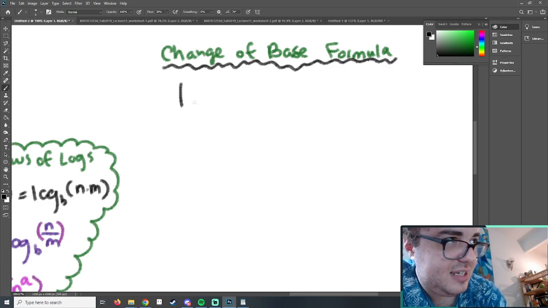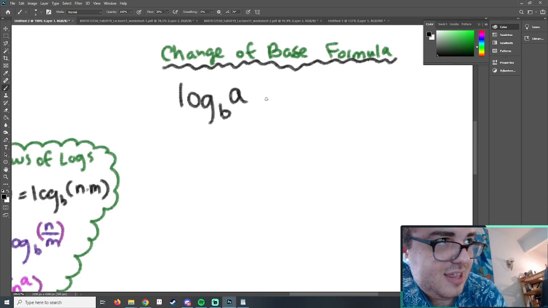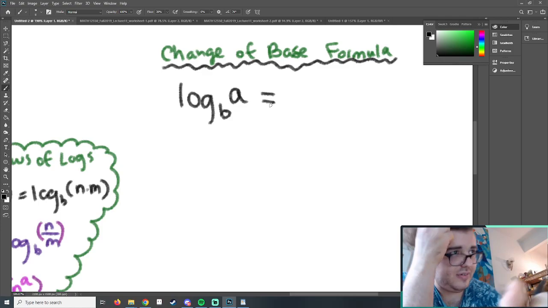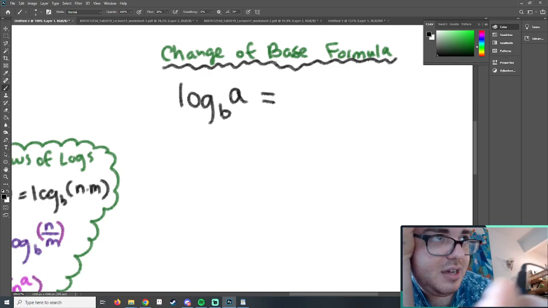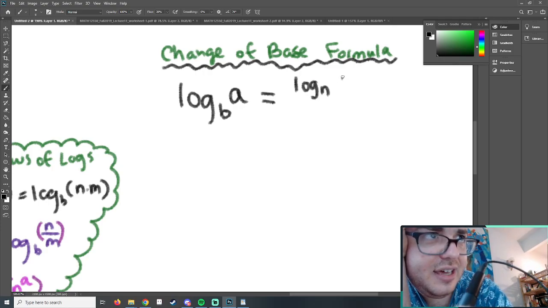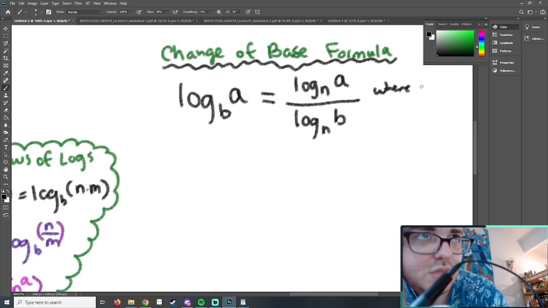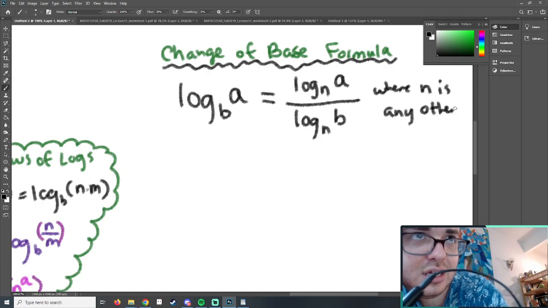If you want to calculate log base b of a, that is the same as log base n of a over log base n of b, where n is any other base.